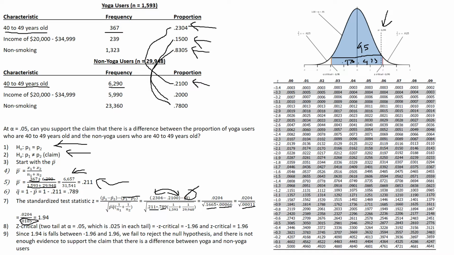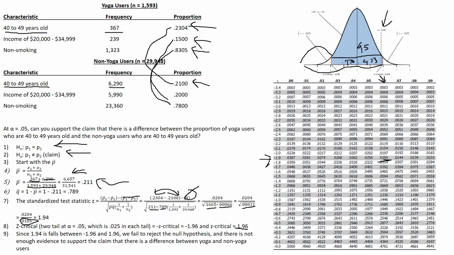And if I go 0.5 plus 0.475, that's 0.9750, which I know is 1.96. But I've got the negative z table, and remember, it's 0.025 on each side, from the edge to that point. So if I look up 0.025 on the negative side, there it is, 0.0250, which is negative 1.96.